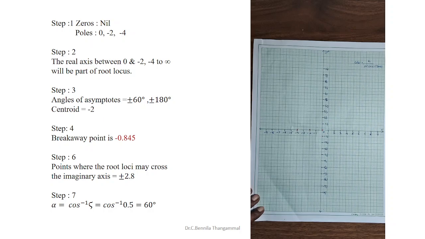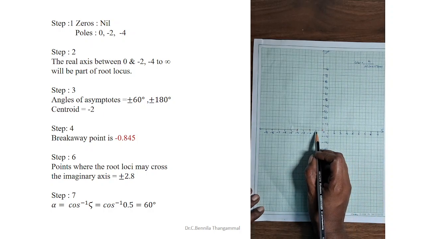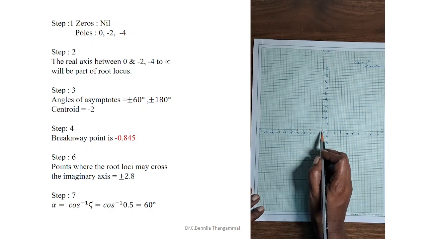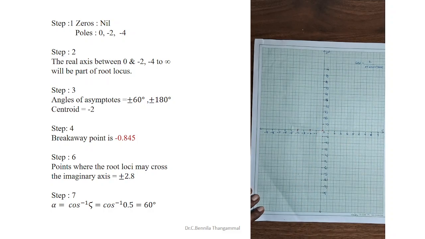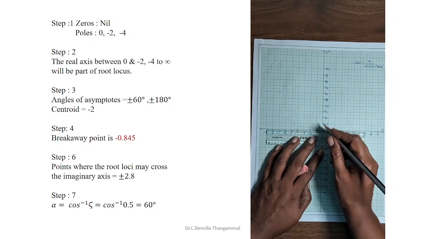After each and every pole we take a test point, and check the number of poles to the right side of it. In between 0 and minus 2 I can take the test point as minus 1. The right side will have only one pole, so it is an odd number, so we have the root locus in between 0 and minus 2.